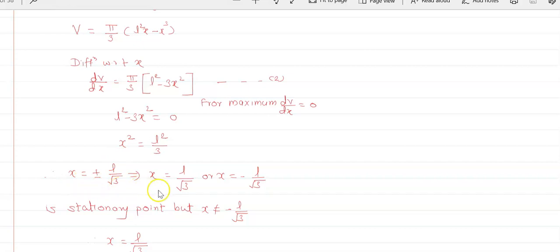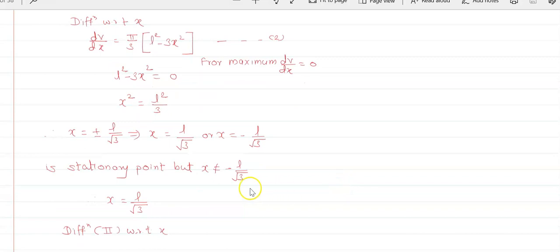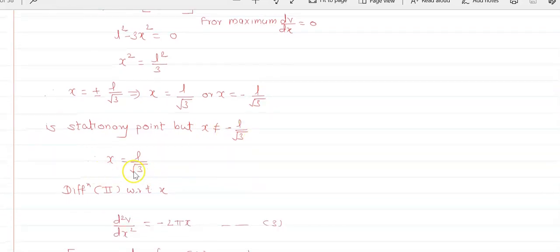Length is not negative, so we do not consider the value minus L upon root 3, and we consider x equals L upon root 3.